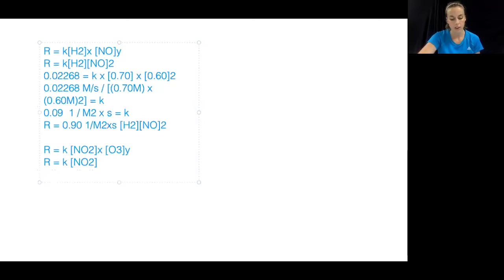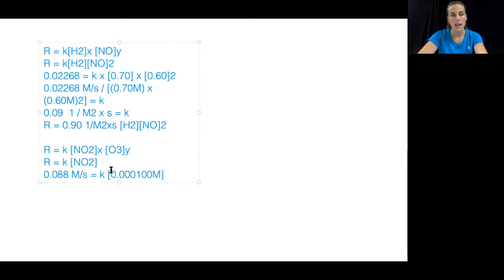Now I'm going to plug in the values for any of the trials. So I'm going to use trial 1. All right, so let's plug in R, which is 0.088 molarity per second equals K times the concentration of NO2, which is 0.000100 molarity.